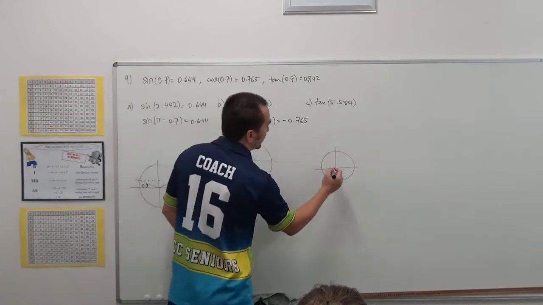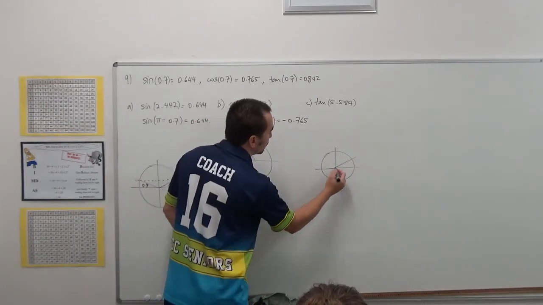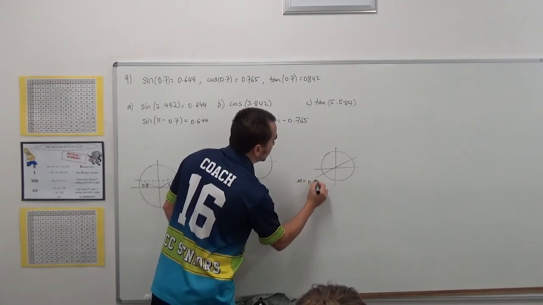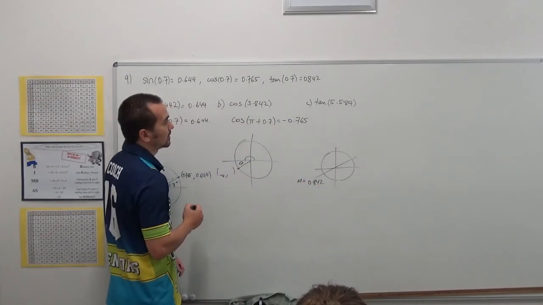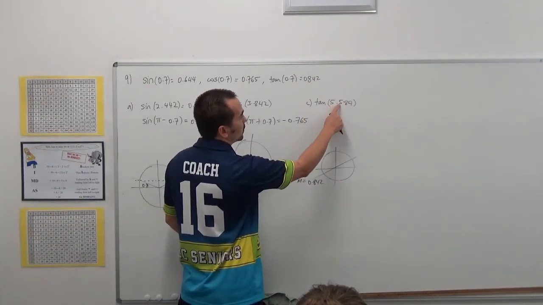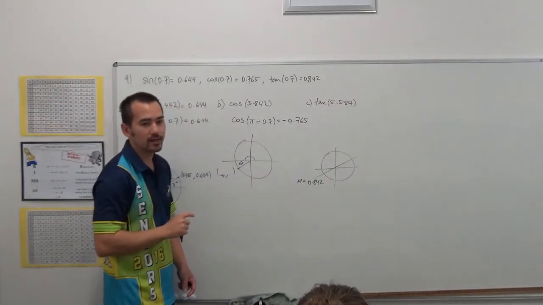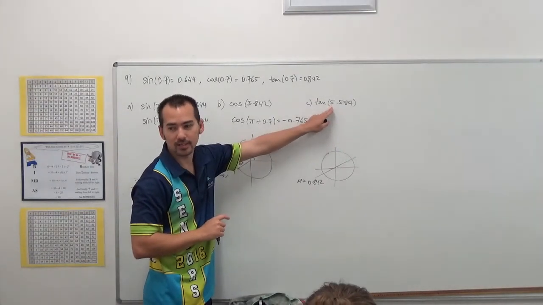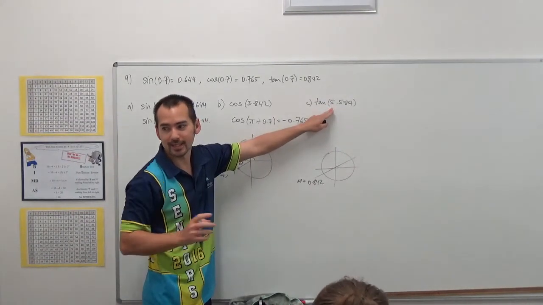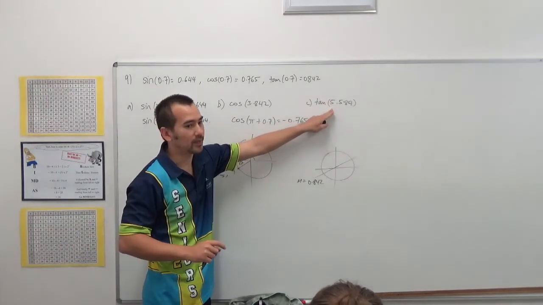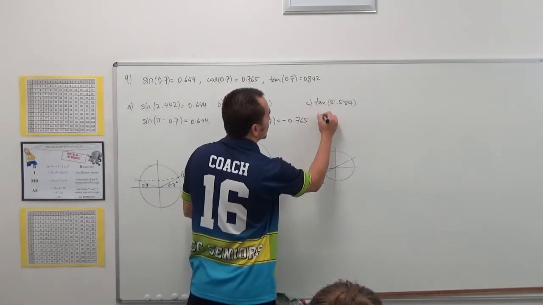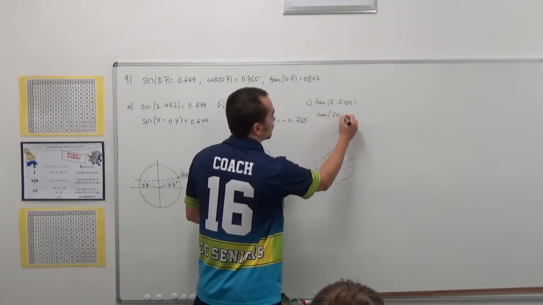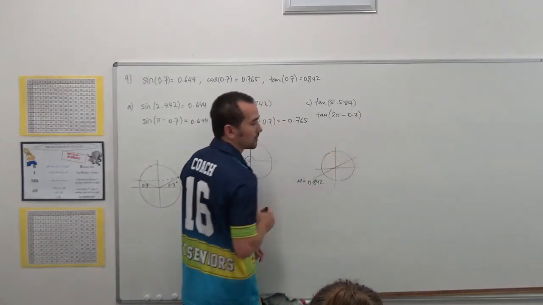Now let's do the tan. Tan 0.7 has a gradient just under 1, so this end value is 0.842. And tan 5.584, that is perhaps just under, what am I thinking, 2 pi, that's right, 6.28. Yeah, right? So this would be tan of 2 pi, 6.28, subtract 0.7.